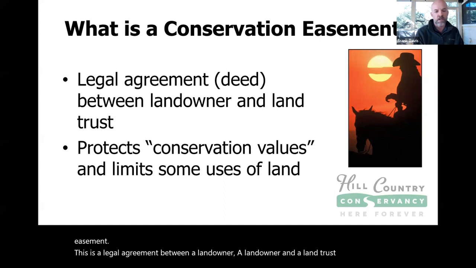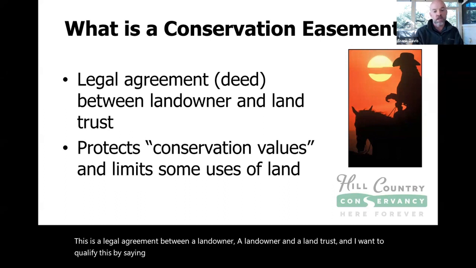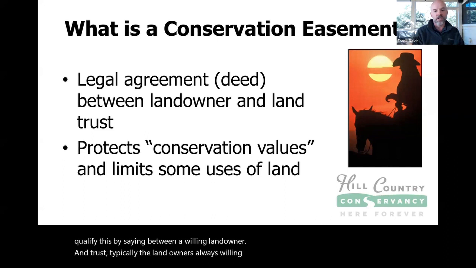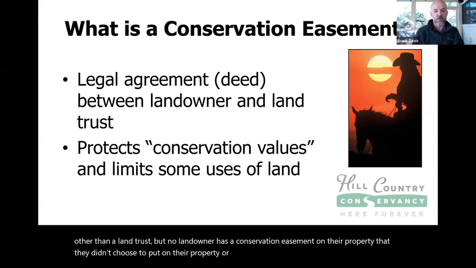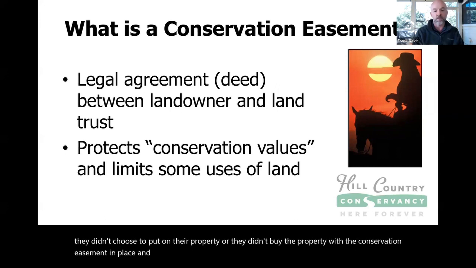And I want to qualify this by saying between a willing landowner and a land trust. Typically, the landowner is always willing. Occasionally, there could be another partner other than a land trust, but no landowner has a conservation easement on their property that they didn't choose to put on their property, or they didn't buy the property with the conservation easement in place and with their knowledge of it being in place.